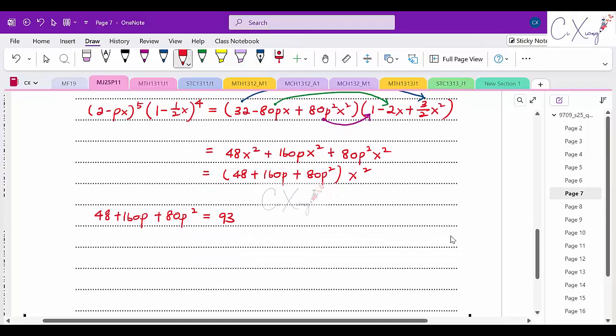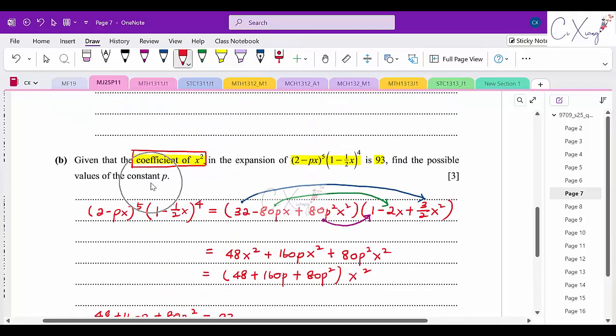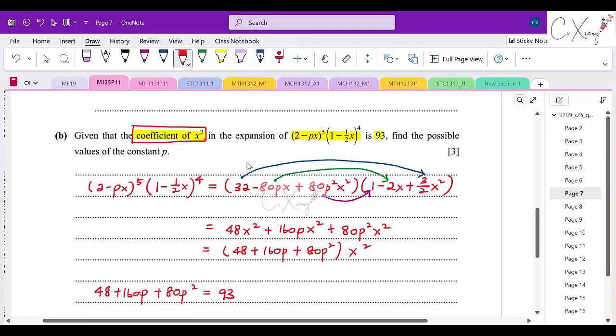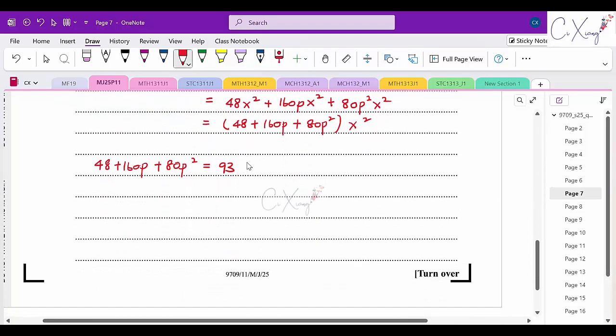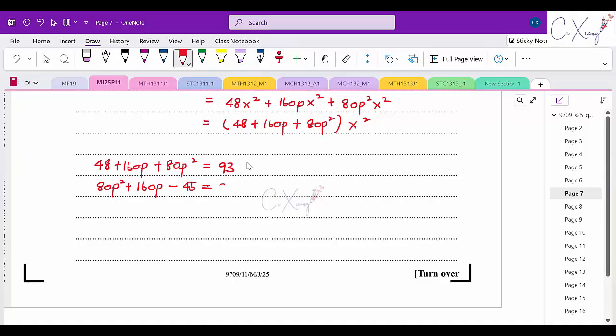And let's continue further. For this question, they're asking for the values of the constant p, right? So how can we solve this equation now? If you try to rearrange it and group everything to one side, by right, you will be seeing this quadratic equation in terms of p. Try to simplify further.